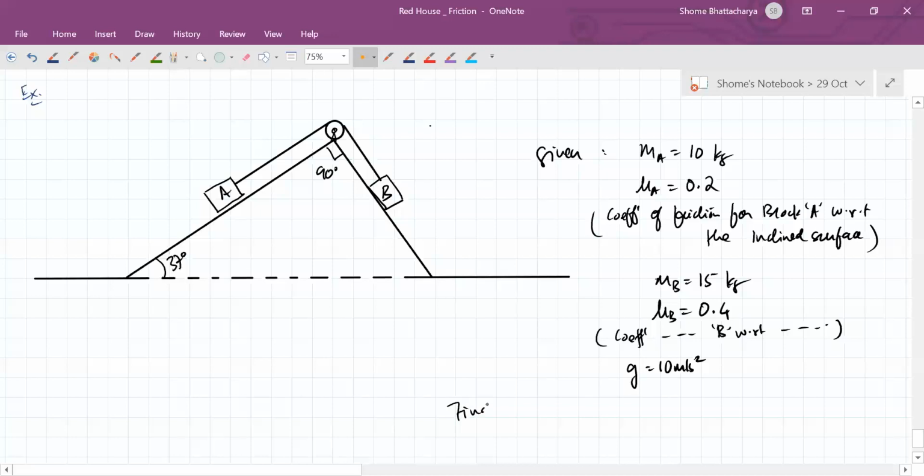Find the accelerations, if any, when the system is released with a thread taut like that.